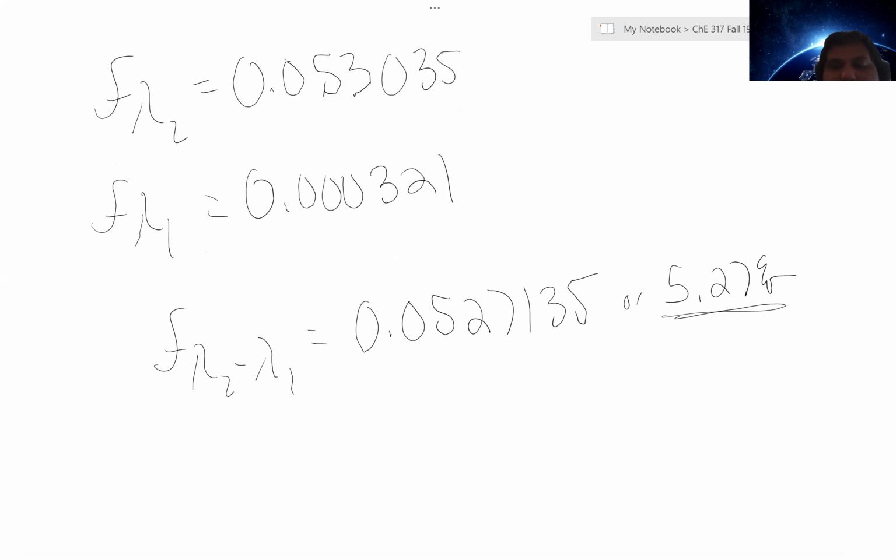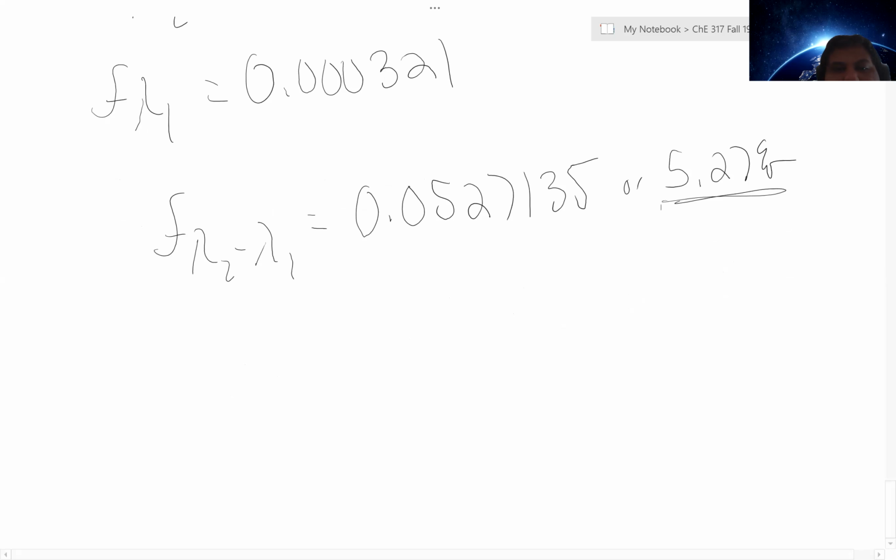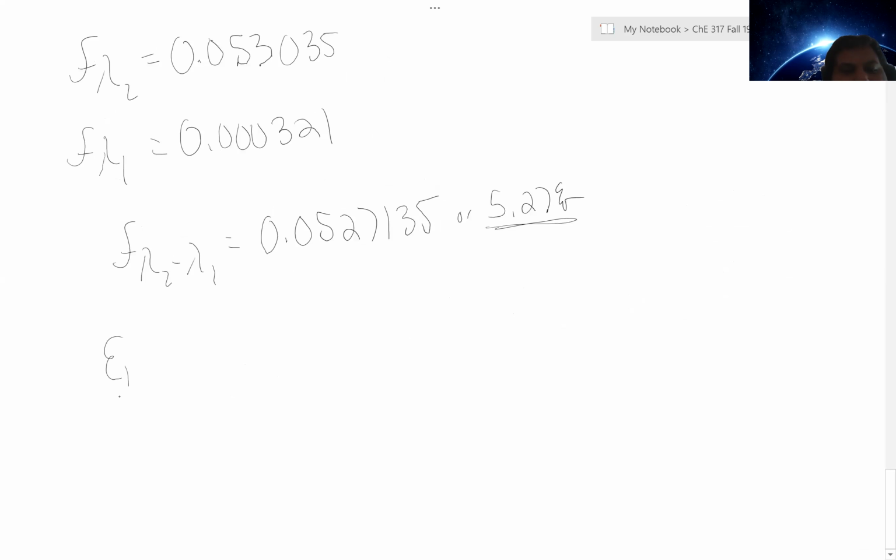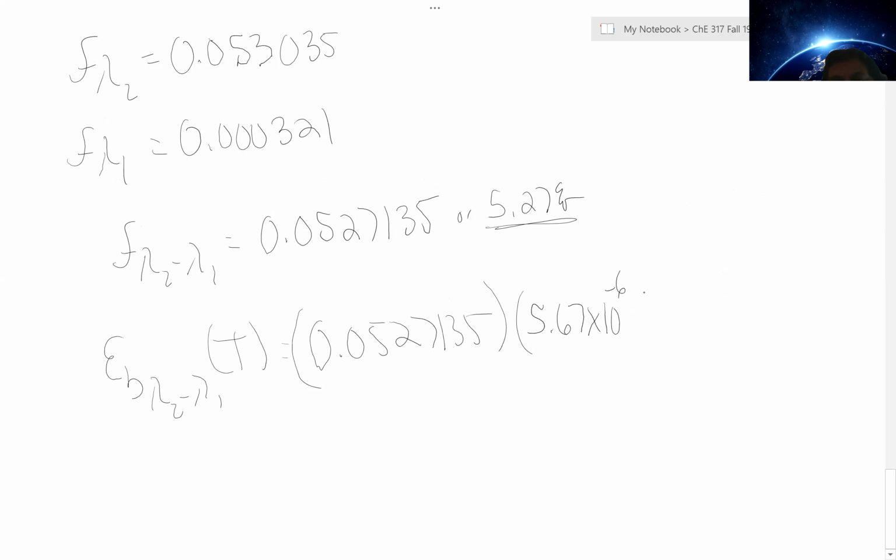The next part of the problem asked about the energy emission within that range. So for that, I'm looking at AB, lambda 2, lambda 1, T. So all I need is essentially 0.0527135 times sigma, which is 5.67 times 10 to the minus 8 watts per meter squared Kelvin to the 4th, times the temperature, 2500 Kelvin, to the 4th. And this will give me the energy flux in that range.